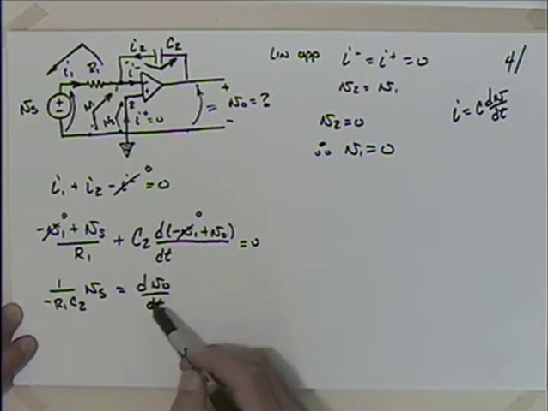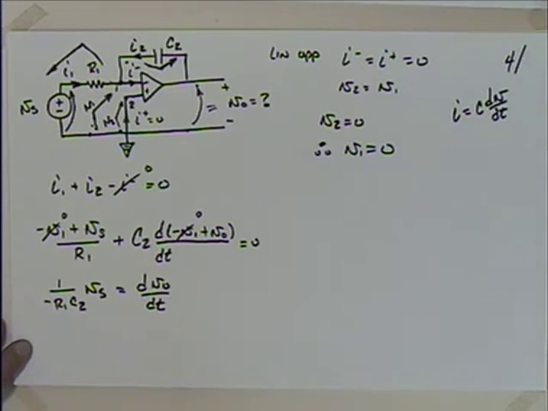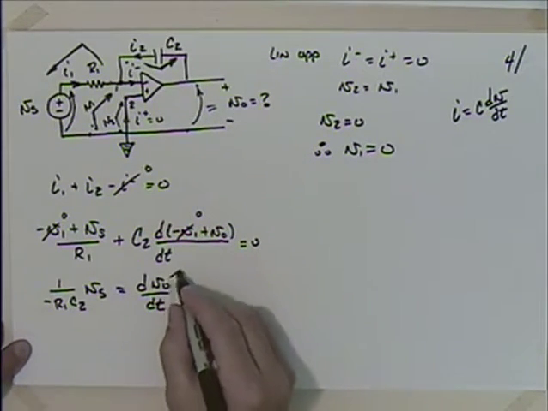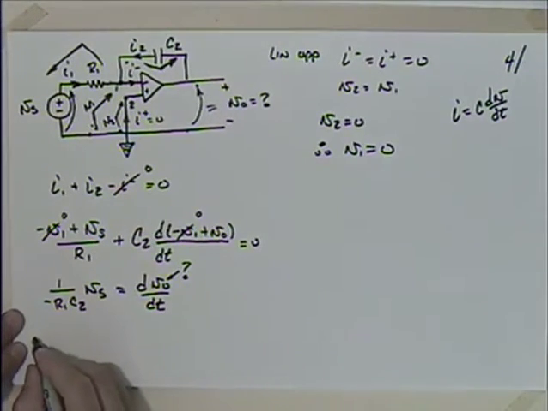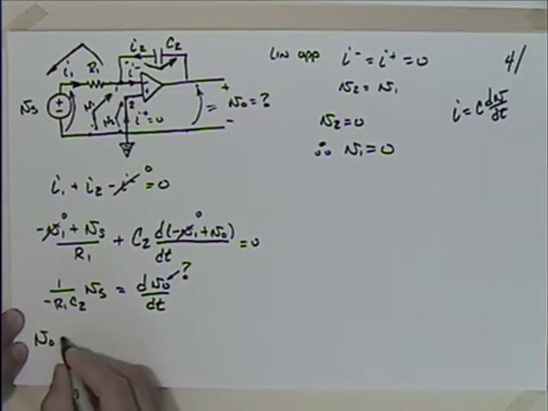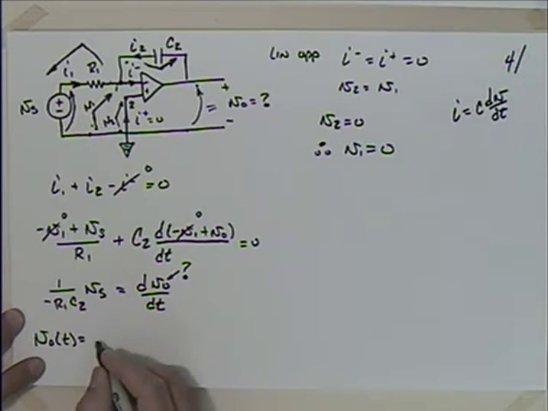Vs comes from over there, yeah. So I got that set up because now my unknown, this is what I'm looking for, is in the argument of the derivative, so I'm going to have to integrate this thing, right? So I could say that V0, make sure we know it's a function of time, is equal to minus 1 over R1 C2.